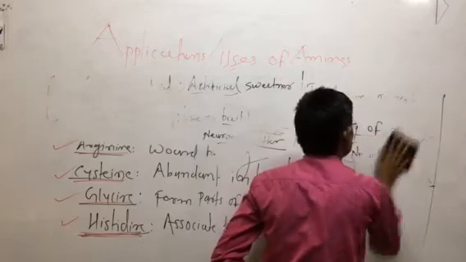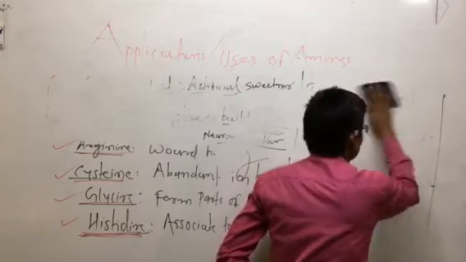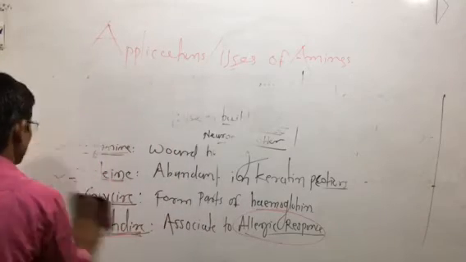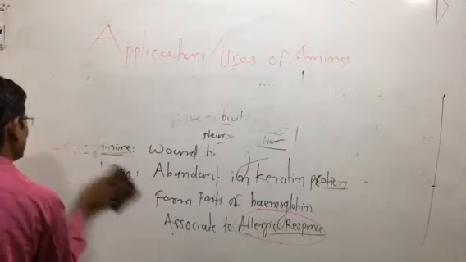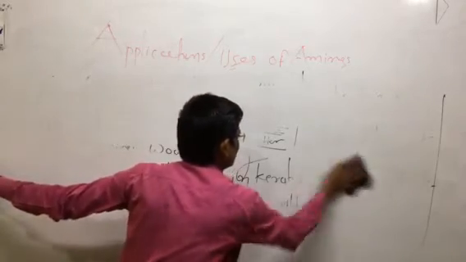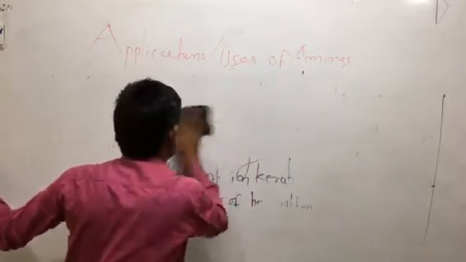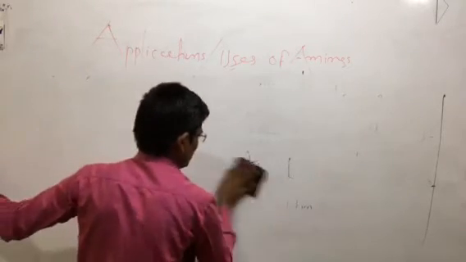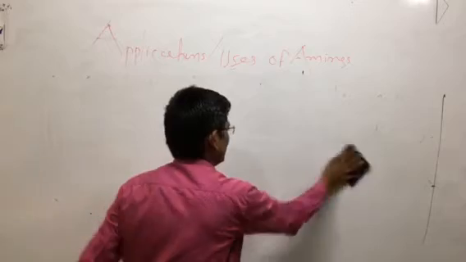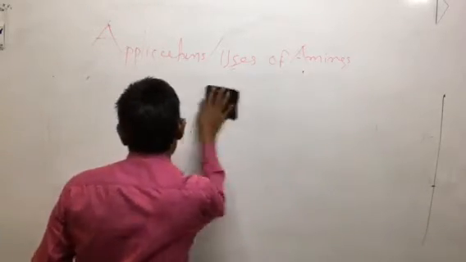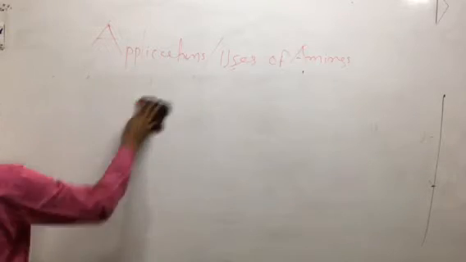This is the amino acid part, which is again a nitrogen-containing compound. Nitrogen-containing compounds can also be heterocyclic compounds. It may be a 5-member heterocycle, a 6-member heterocycle, or fused heterocycles, but it should contain nitrogen.